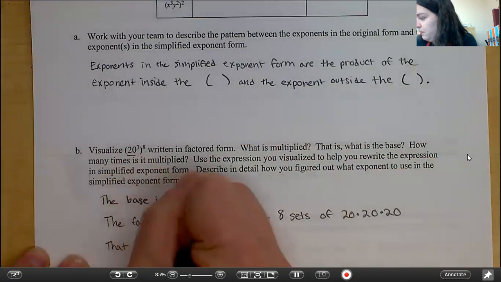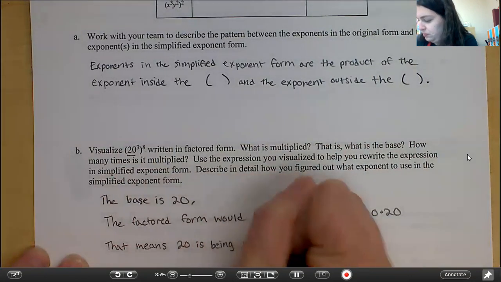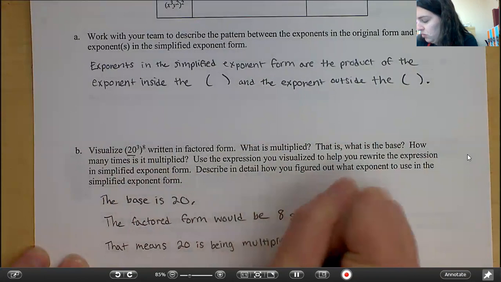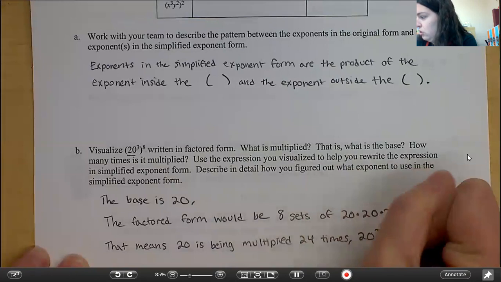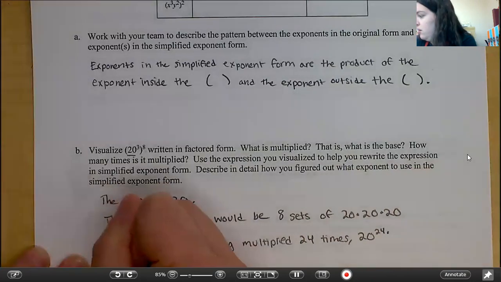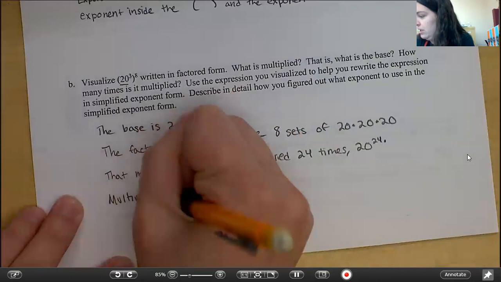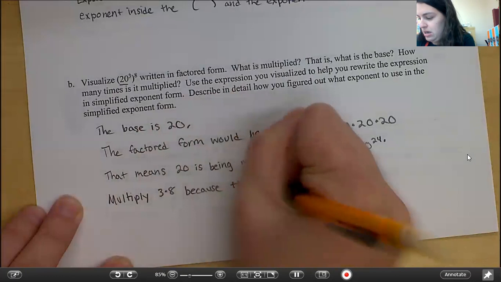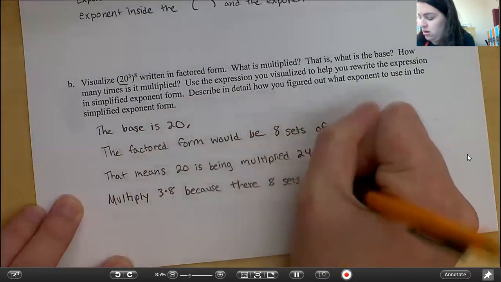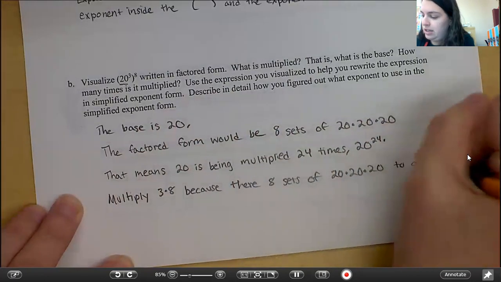That means 20 is being multiplied 24 times. So far we have 20 to the 24th. So you multiply 3 times 8 because there are 8 sets of 20 times 20 times 20 to get the exponent of 24.